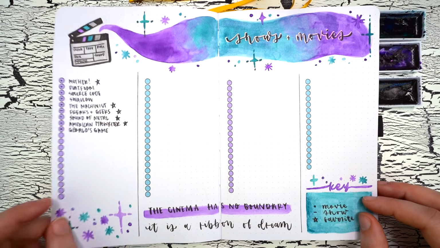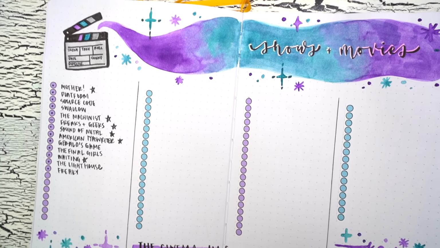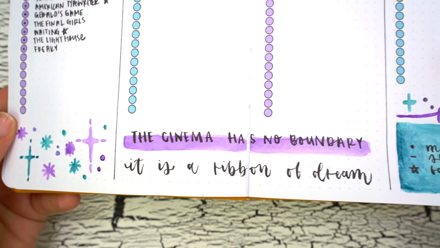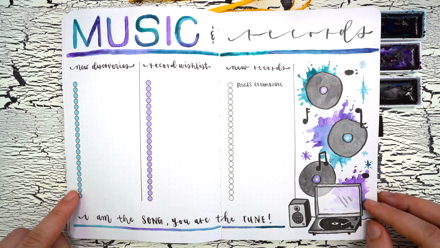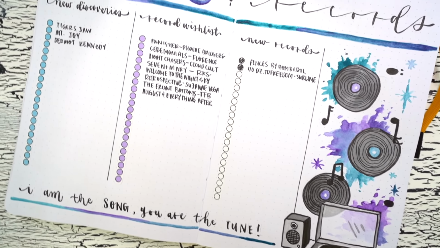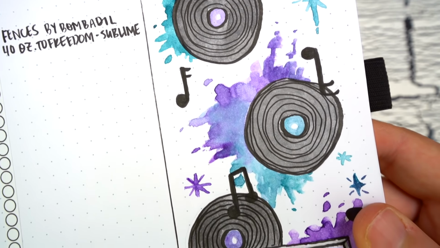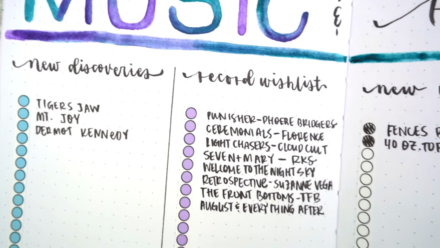After just a couple months of using these spreads, these have already brought so much value to my life. Again, these spreads not only help to make my journal like a time capsule, showing what I'm watching, listening to, reading, and doing during this time of my life, but these spreads are also encouraging me to seek out new fun things, new books, new movies, new things to do around my city.